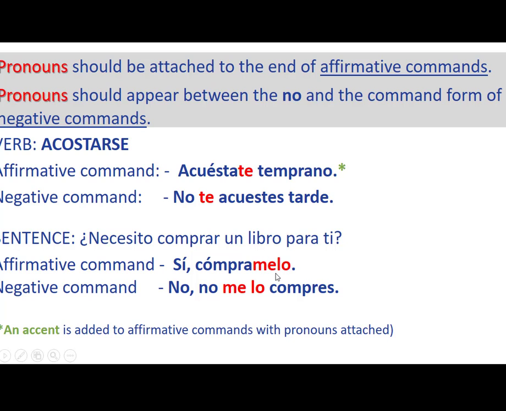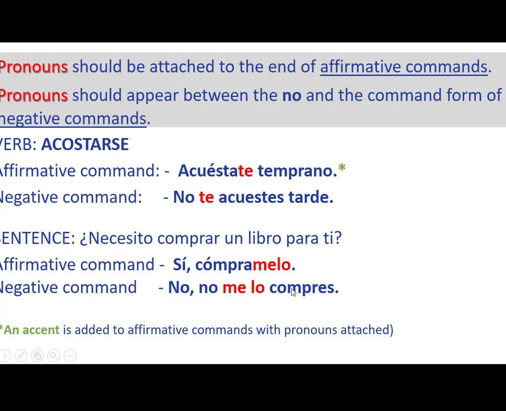If you have any pronouns that you've learned before, you need to put them somewhere on a command. If it's affirmative, you're going to attach them to the command right after. If it's a negative command, you're going to put them in the middle, same thing that we did before, in between the no and the command form. No compres, don't buy. But in this case, it would be don't buy it for me.